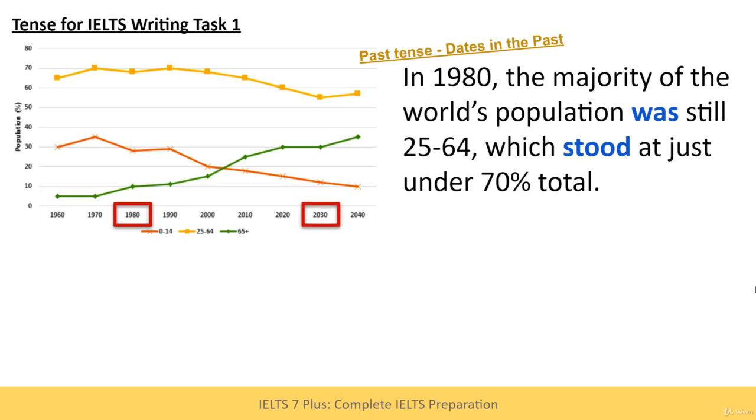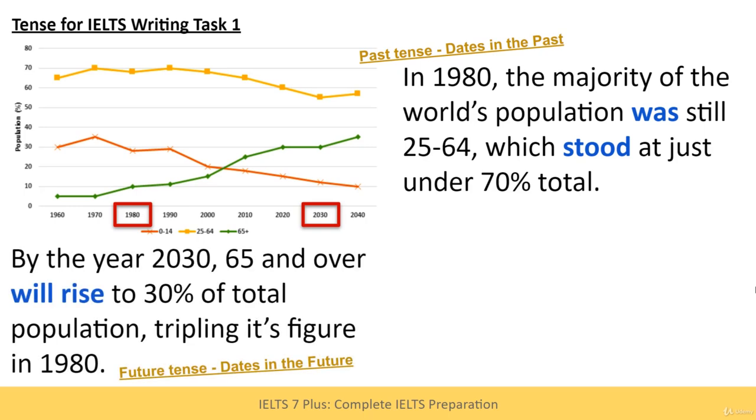But what if I'm reporting or discussing predicted dates in the future? Well, there's a couple of ways we can do this. First we have using the future tense. By the year 2030, 65 and over will rise to 30% of total population, tripling its figure in 1980. That last part, tripling its figure in 1980, a great bit of comparison, really good for task achievement score in Task 1.